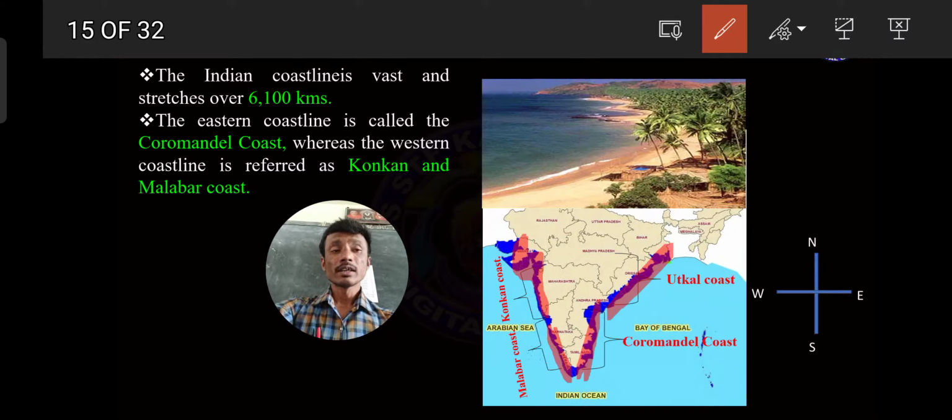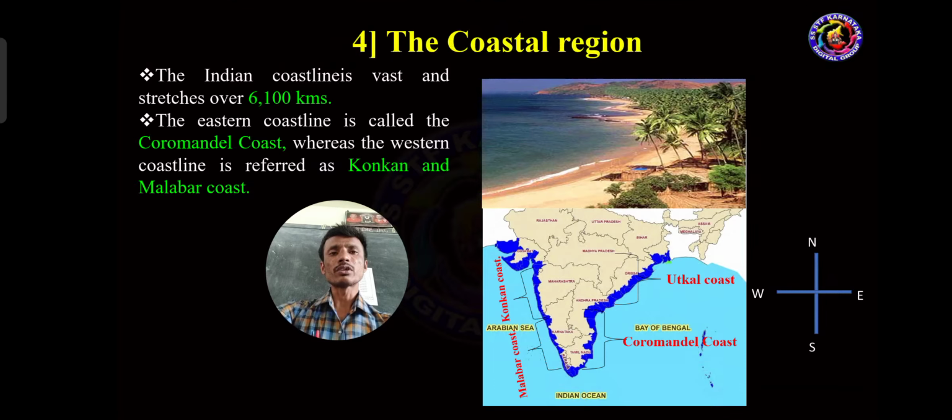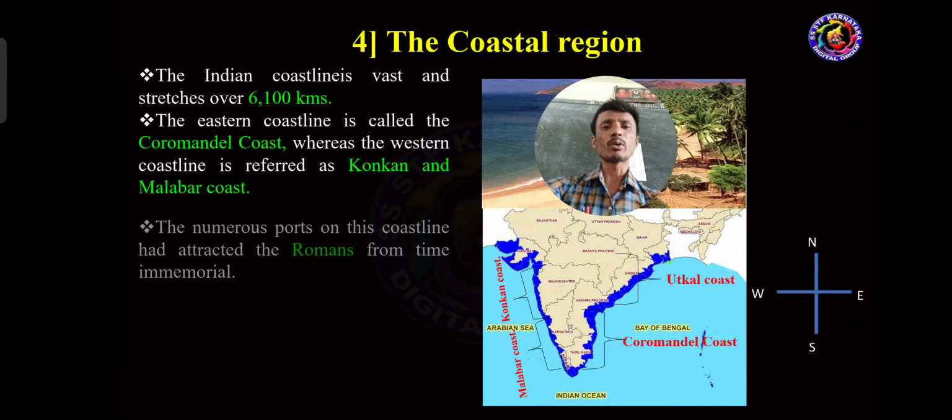The Indian coastline is divided into four important types: Konkan coast, Malabar coast, Coromandel coast, and Utkal coast. Keep these four properly in your mind.